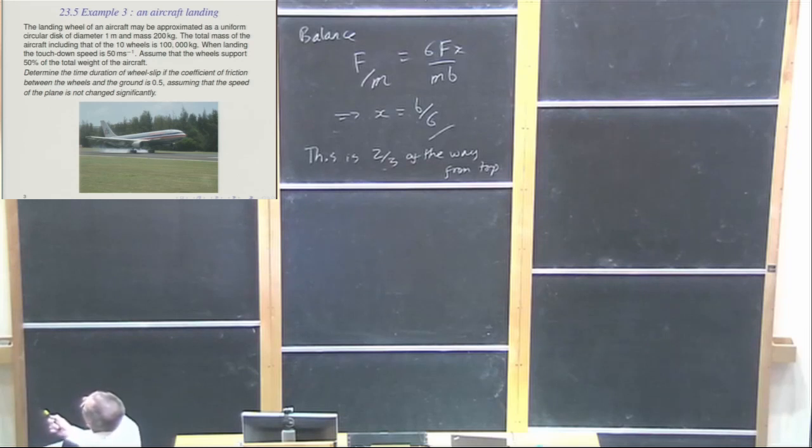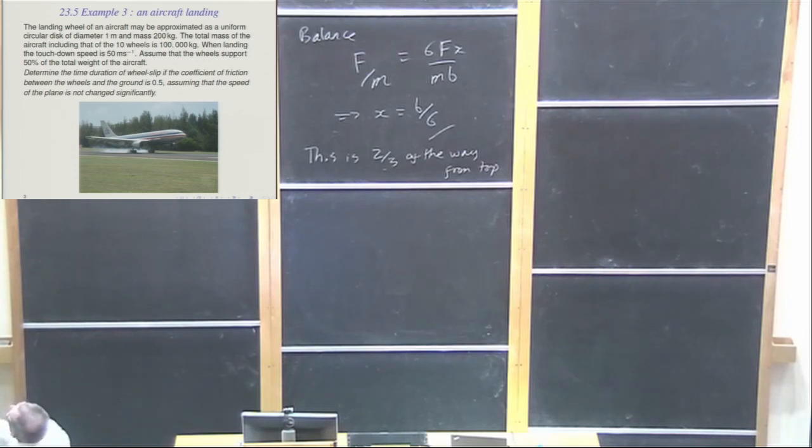They're big things. We approximate them as a circular disc of diameter 1 meter and mass 200 kilograms. The aeroplane has 10 wheels in total, and we propose it is 100 tons.